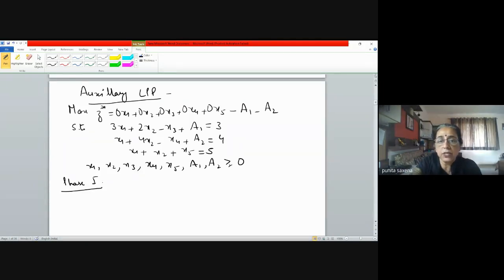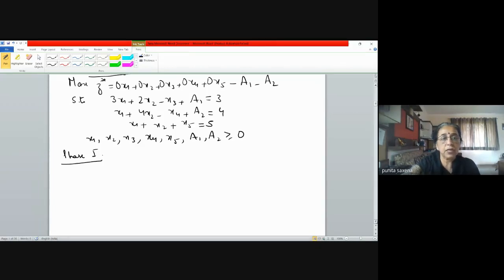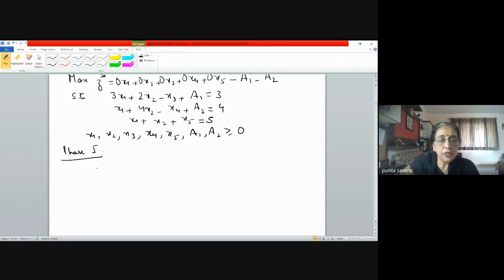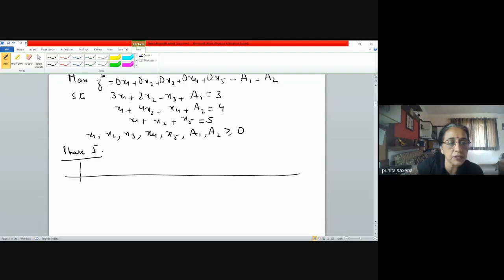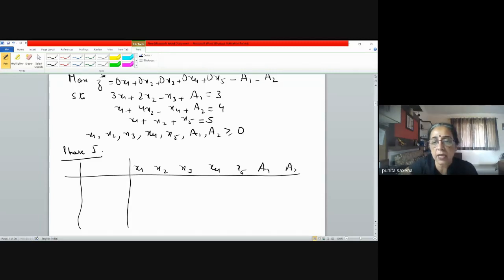Phase 1 means solving the auxiliary linear programming problem, so we'll have to construct the initial table. Now you can start your calculations. My variables are x1, x2, x3, x4, x5, a1 and a2, right?